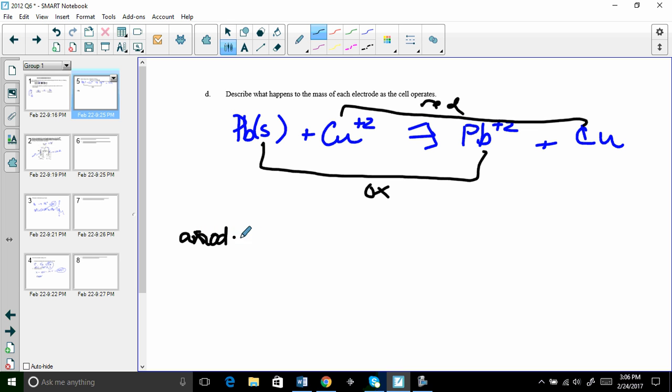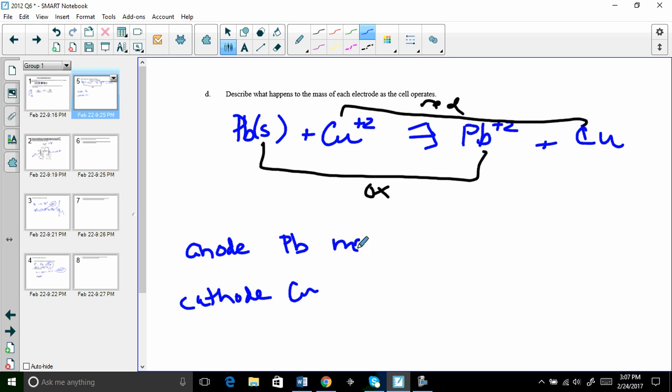The anode is lead and the cathode is copper, and the lead metal is turning into lead ions.